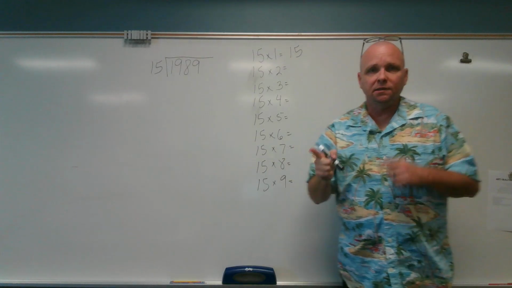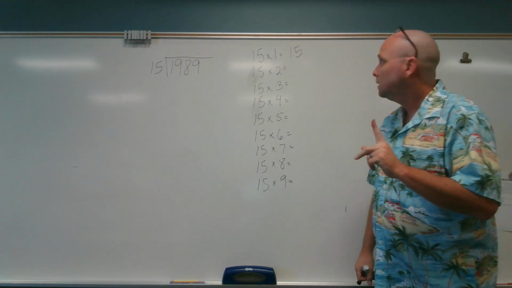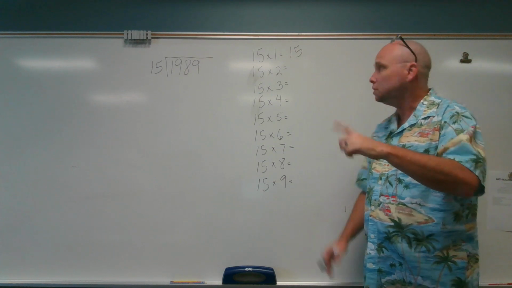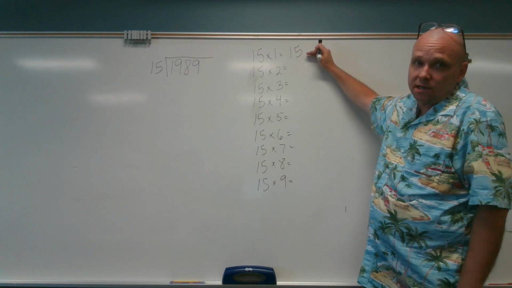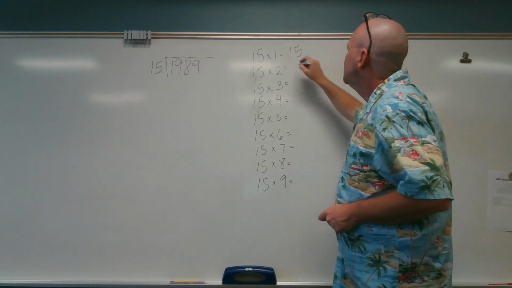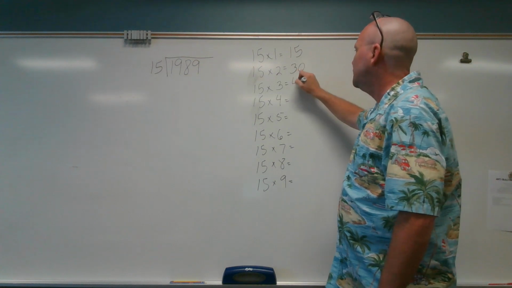All right, I did not list my multiples of 15 because I wanted to talk about it real quick. Multiplying by 15 is the same as adding 10 and then adding 5 more. So 15 plus 10 is 25, plus 5 more is 30. 30 plus 10 is 40, plus 5 more is 45.